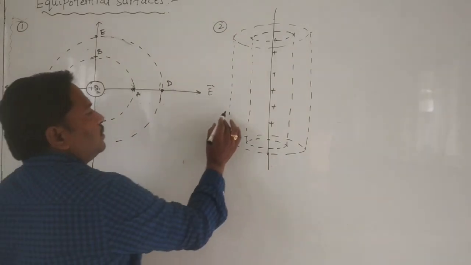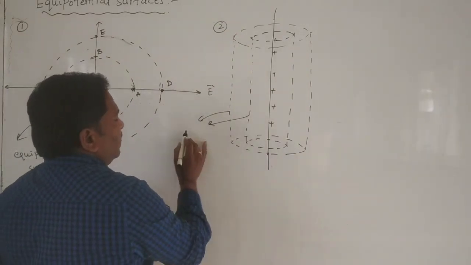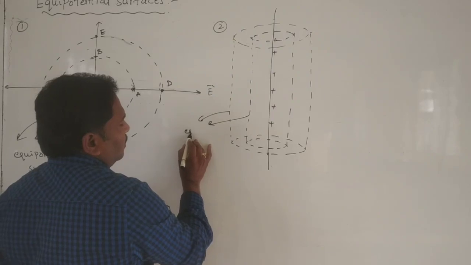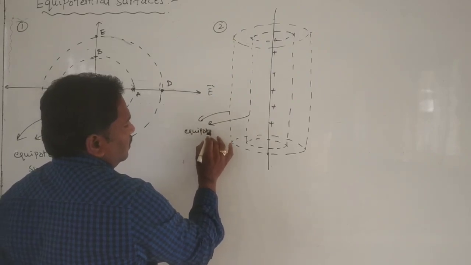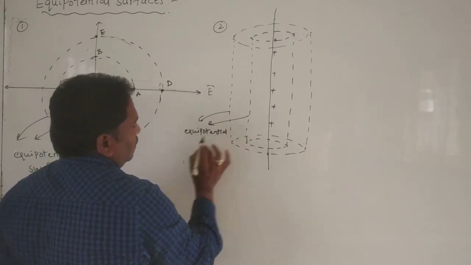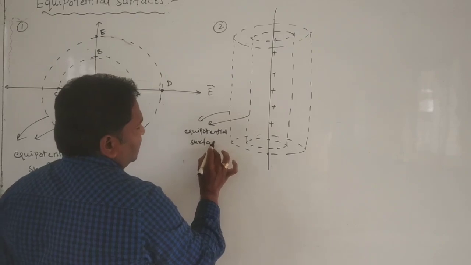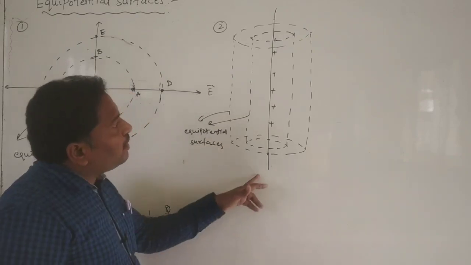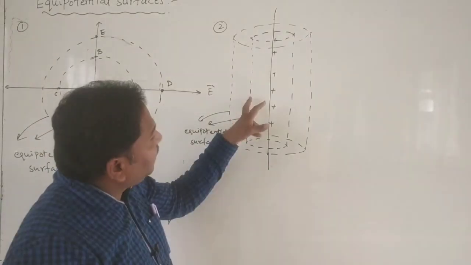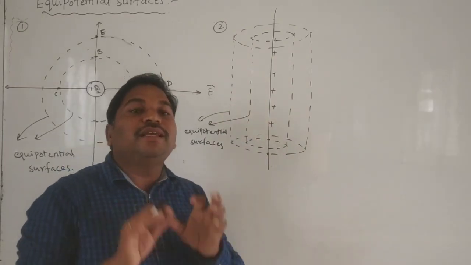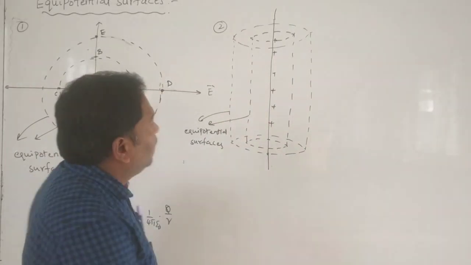So these are also called equipotential surfaces. So for a line of charge distribution, the equipotential surfaces are cylindrical in shape.